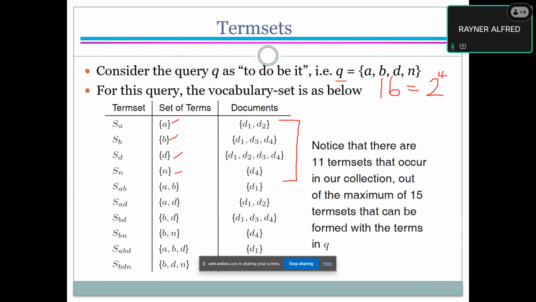These are the documents that consist of the terms A, B, D, N. Since all of these term sets exist, we double check again for AB. So this is for AB, and then we check again for AD, and then AN. So we have AD, and for AN we do not have any, because none of these documents consists of A and N together.